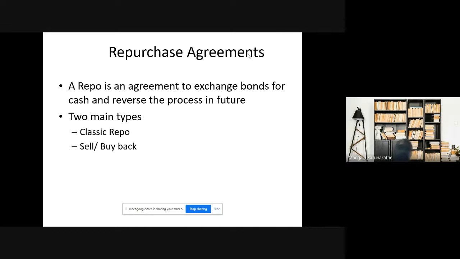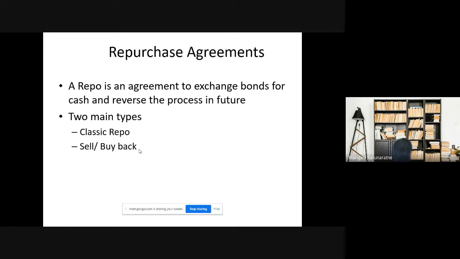Sell and buyback will not have any margins because there is no need. The transaction is concluded at the market YTM, and the price you pay or get is the same as an outright sell or buy.